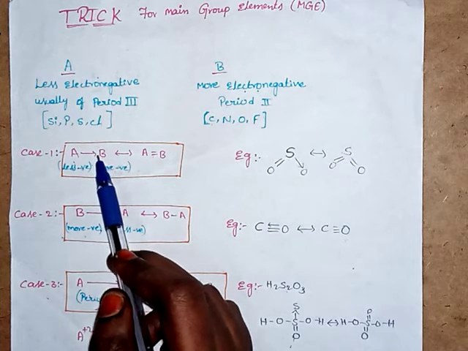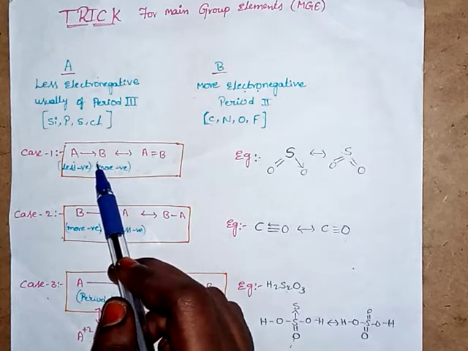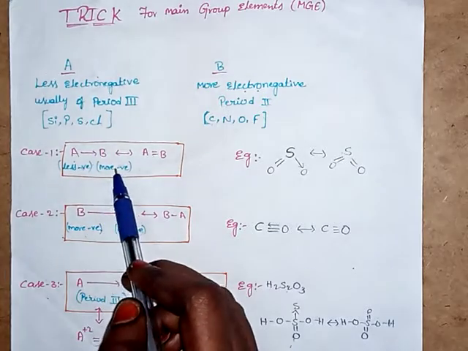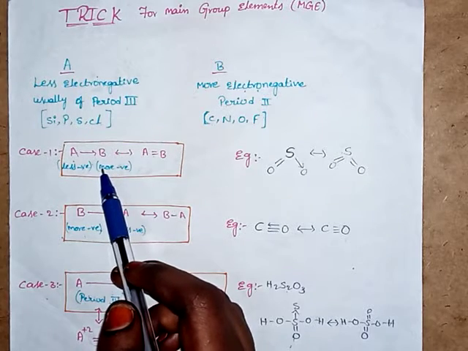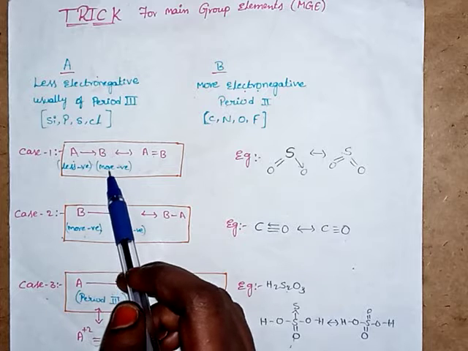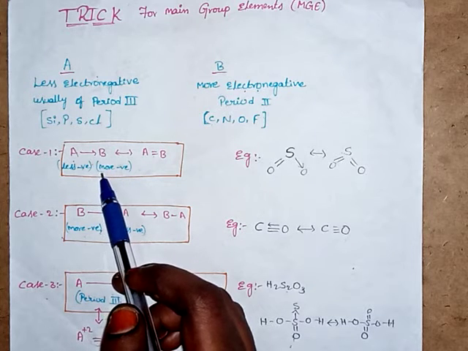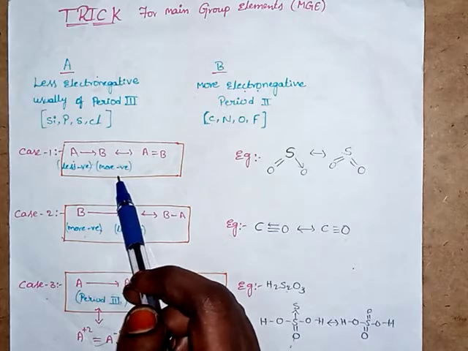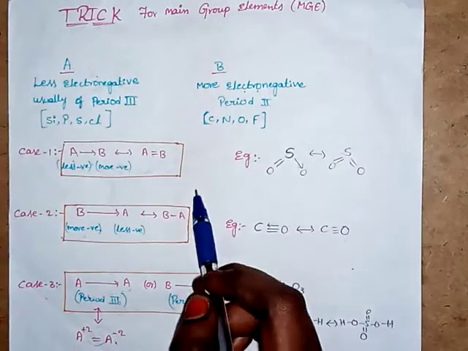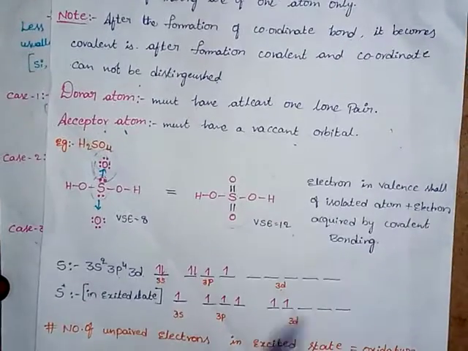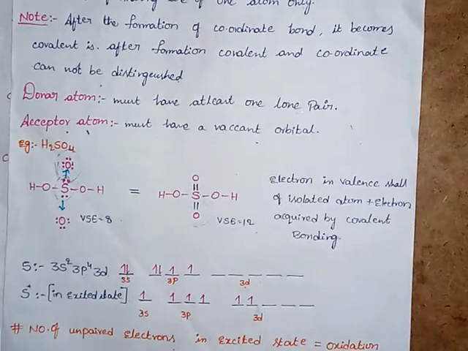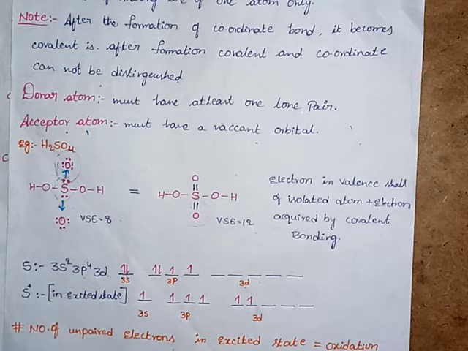In period 2, no vacant d orbital is available. So basically a p pi d pi bond will form, which we already discussed. Like this, between a more electronegative atom and a less electronegative atom, it will form a double bond.